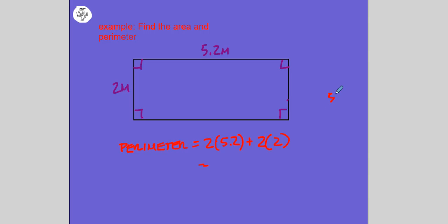Well, 5.2 times 2, move decimal point 1 place left, that's 10.4 plus 4. Now, when you add these, remember that 4 could be thought of as 4.0. When you add, you must line the decimal points up. That's a common mistake. So now this is 14.4 meters, the perimeter.